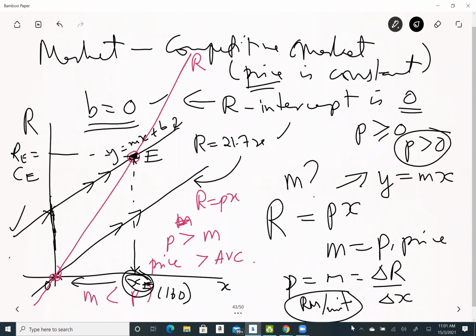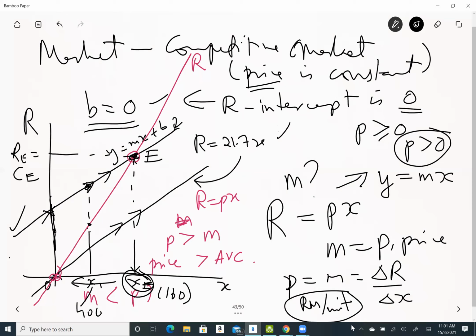You take any one point, it doesn't matter. Let's say here X1, or probably here you take 100. You see here, that's the cost and that's the revenue. Revenue is less than cost.